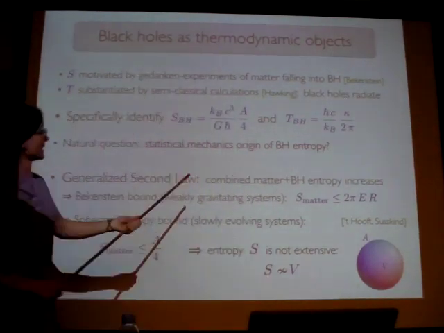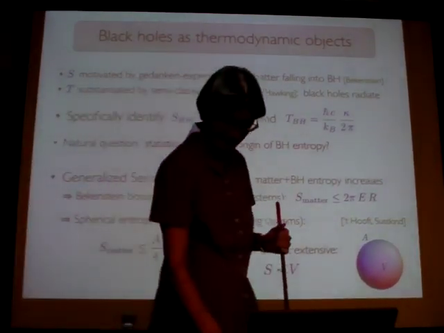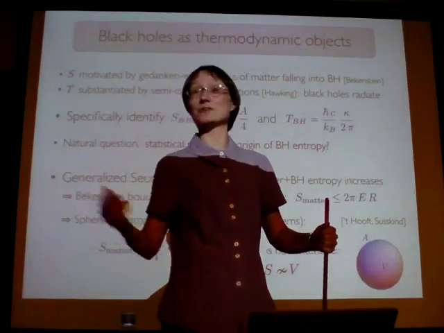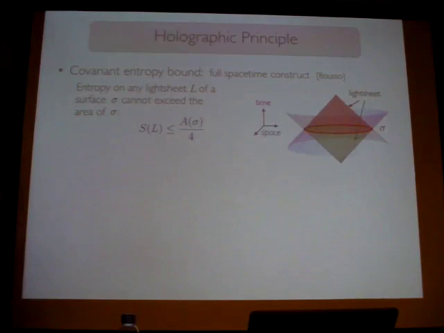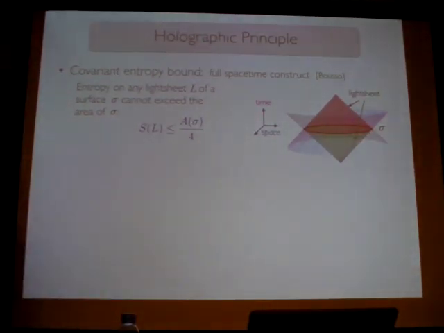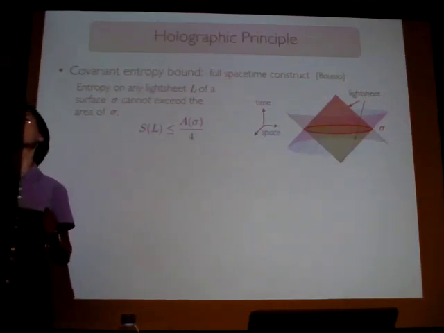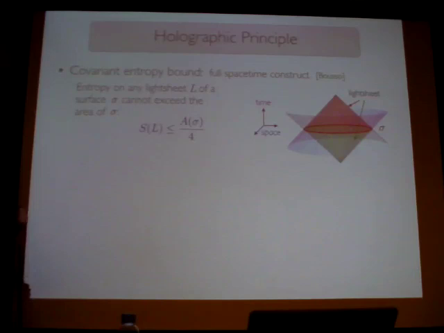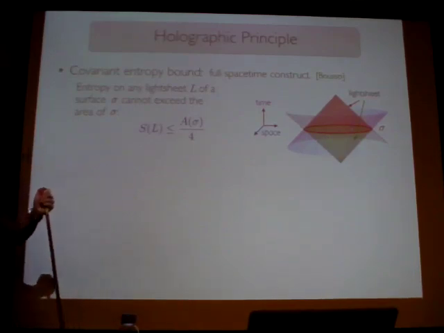Now, you might object that, of course, both of these actually have limited regimes of validity, which is true, and you can find counterexamples outside of these regimes. That was remedied by Bousso by covariantizing this entropy bound. So there's a covariant entropy bound, which is valid robustly, and rather intriguingly uses the full Lorentzian space-time structure, rather than considering volumes at a given time.